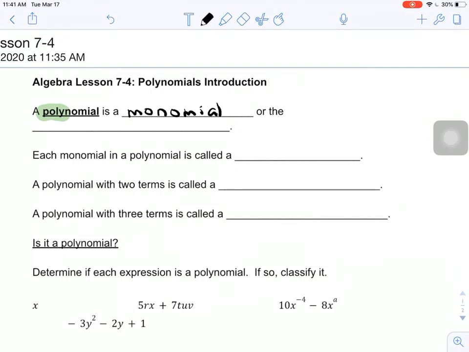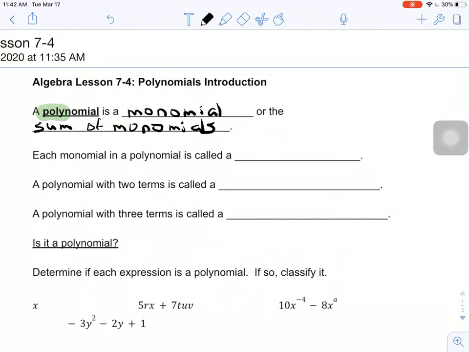So a polynomial is an algebra expression that can be a monomial, or it can be the sum of monomials. So it can be made up of a bunch of monomials added together. If you have a bunch of monomials, you're adding them all together, you can call it a polynomial.